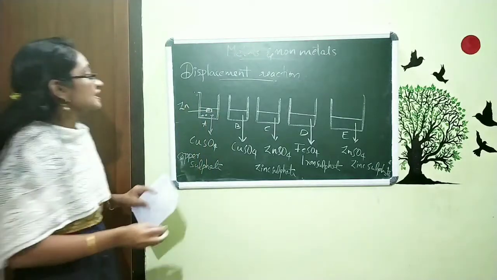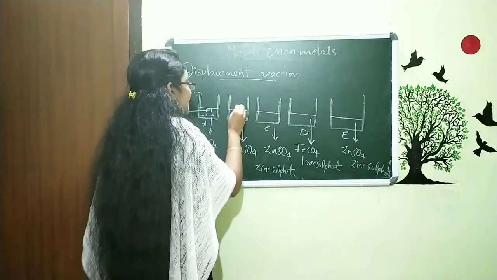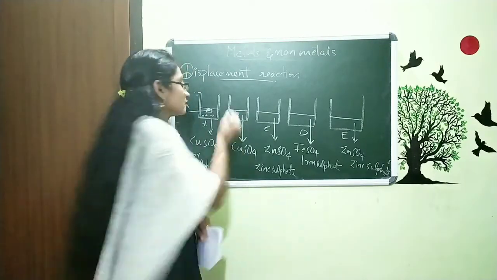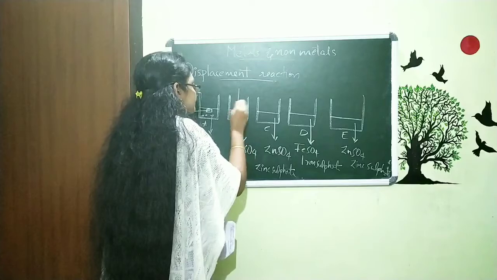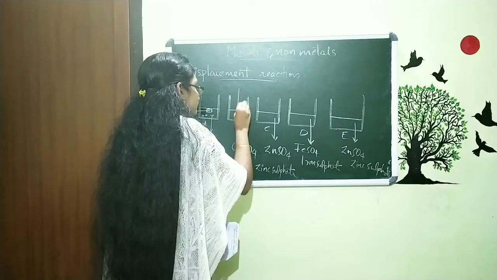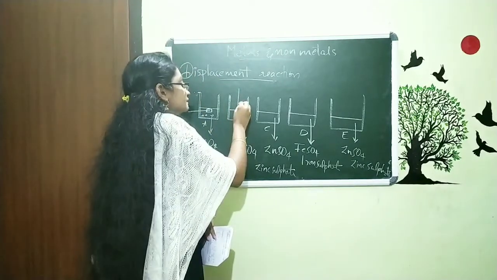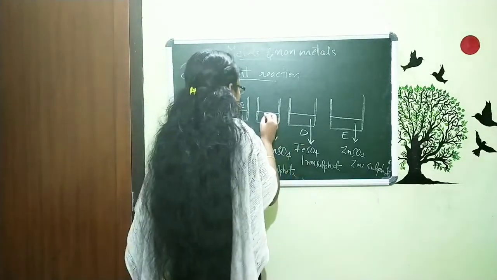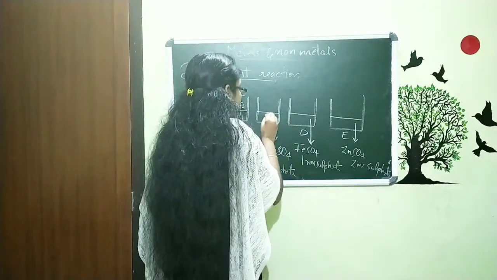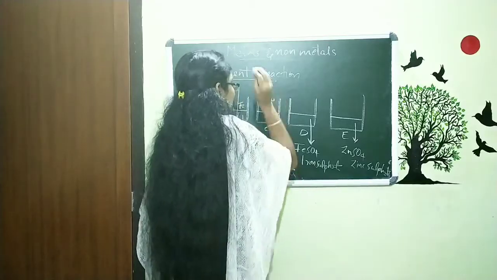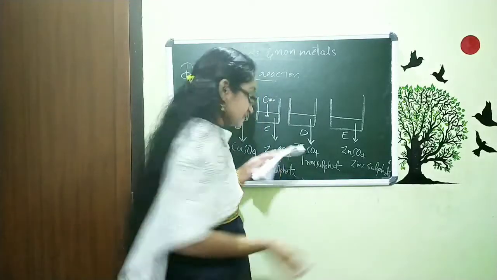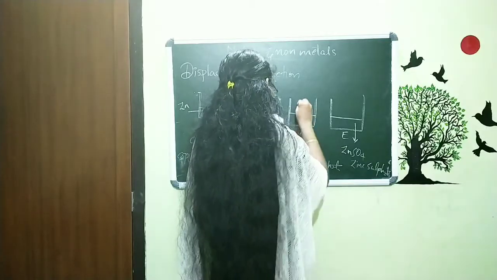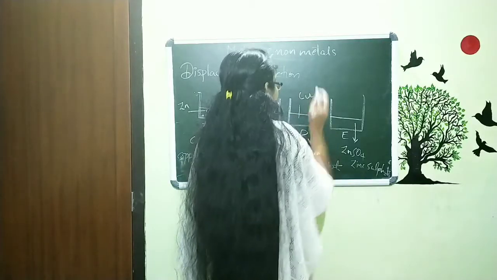Zinc granules. And in beaker B, I am putting one iron nail. In beaker C, I am putting one copper piece. And in beaker D, I am again selecting copper.